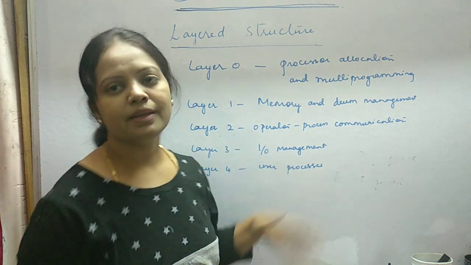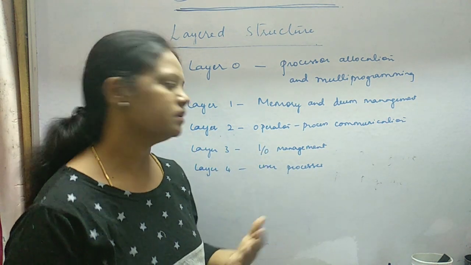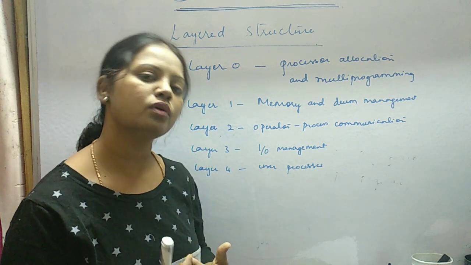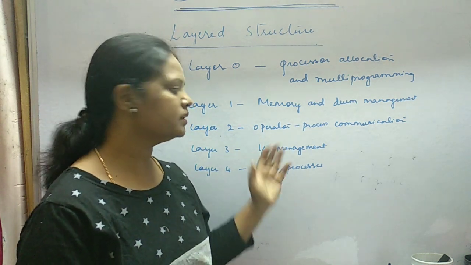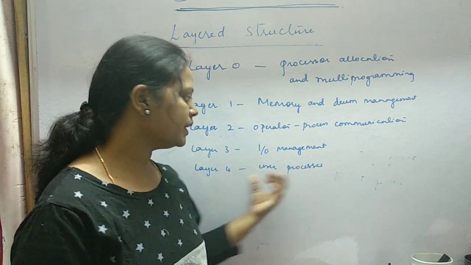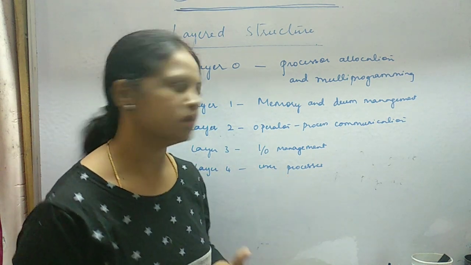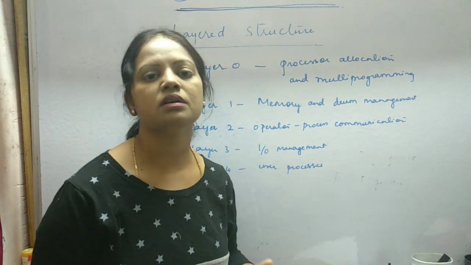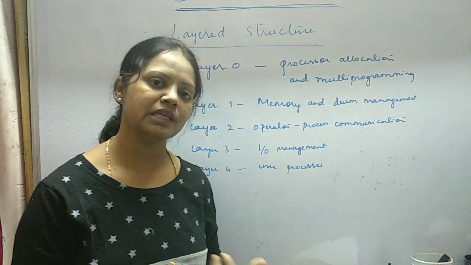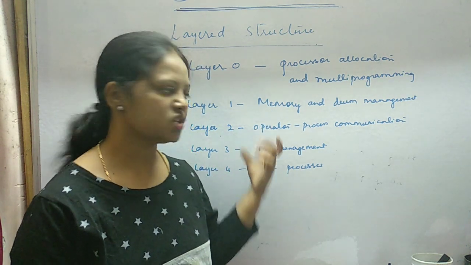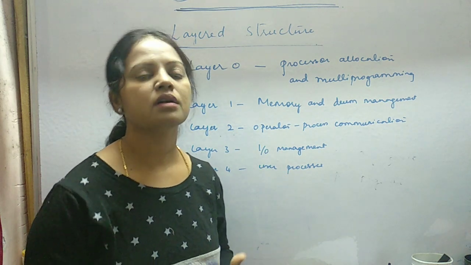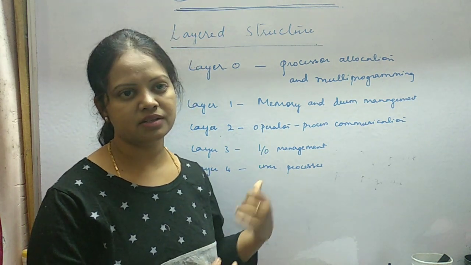Then layer 3 will perform the input-output management. Whatever the functionality of input-output programming is there, that will be done by layer 4, which will be occupied by the user processes. So these are the functionalities of the different layers of an operating system using a layered structure.